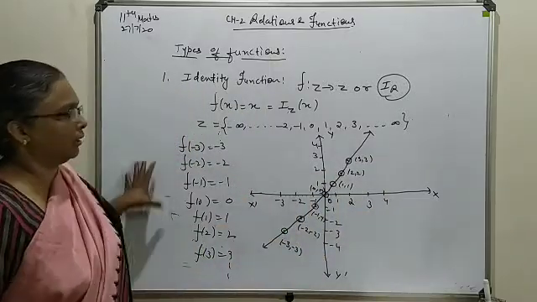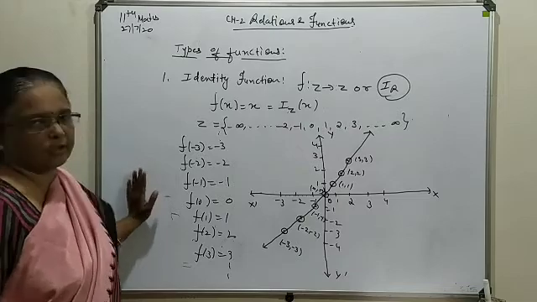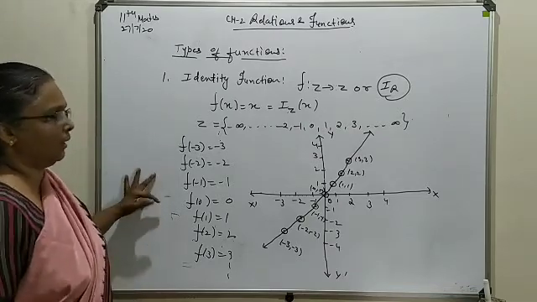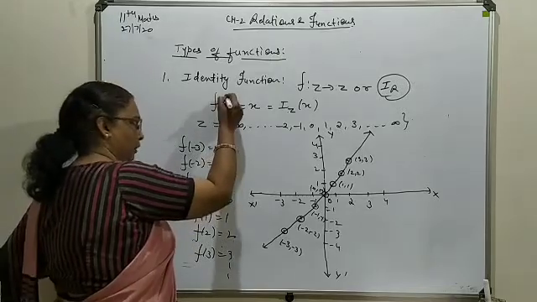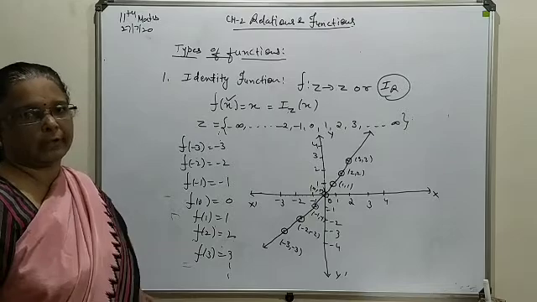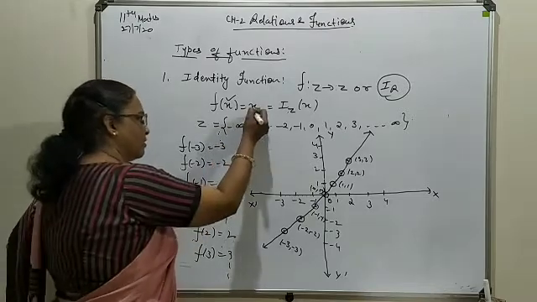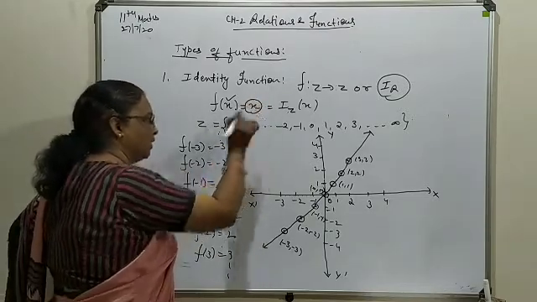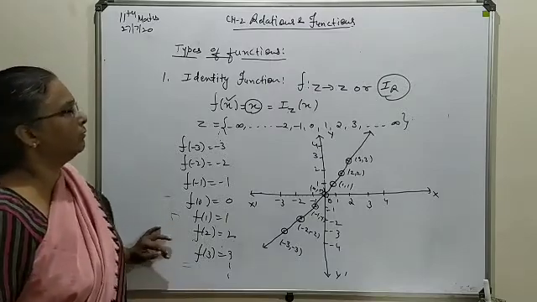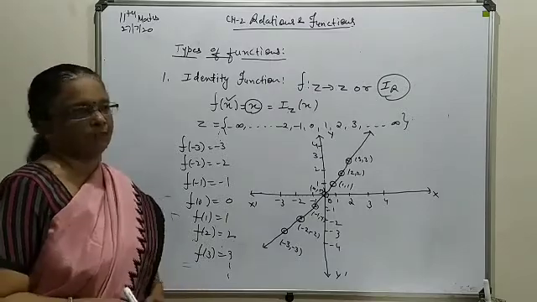This way your identity function can be sketched on a graph. As the name suggests, be very clear that for whichever x value you write, you get the same answer as the range. This way your identity function can be defined.